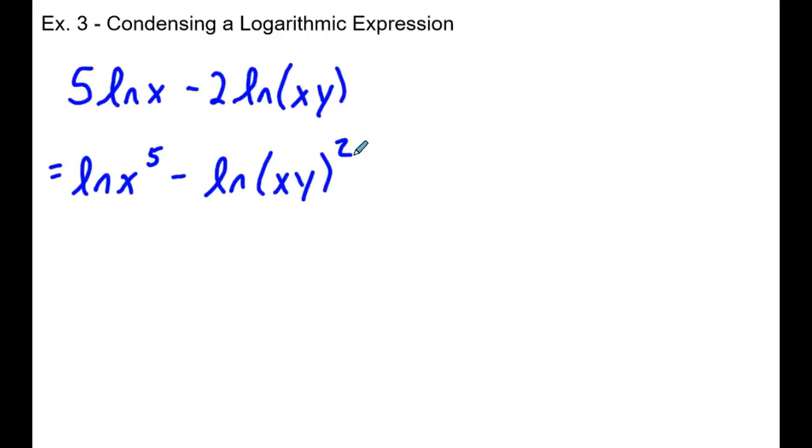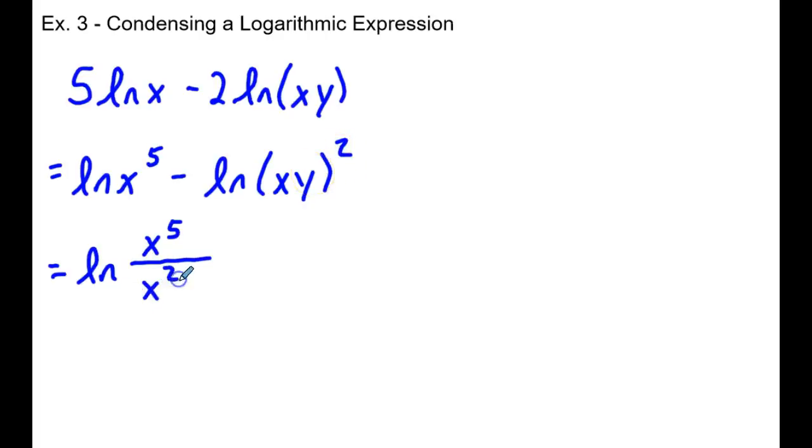Now we're going to look and see if we can apply the product or the quotient rule. We have subtraction, so we know we need to apply the quotient rule. So now we can write this as one logarithm. We have the natural log of x to the 5th divided by, and we can distribute this exponent to both the x and y variable.